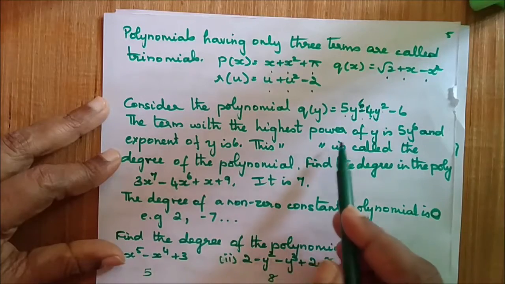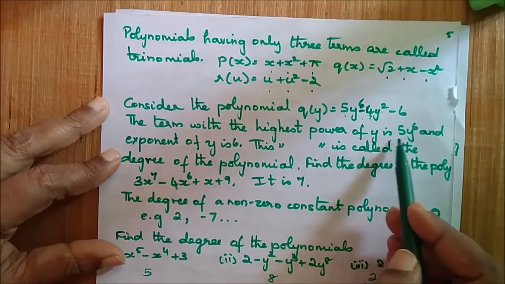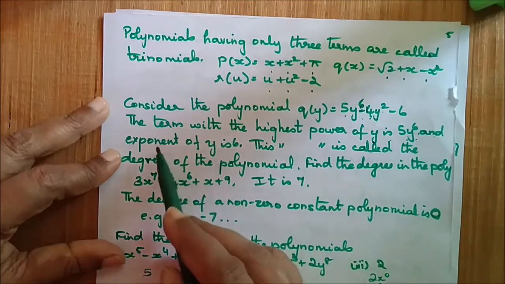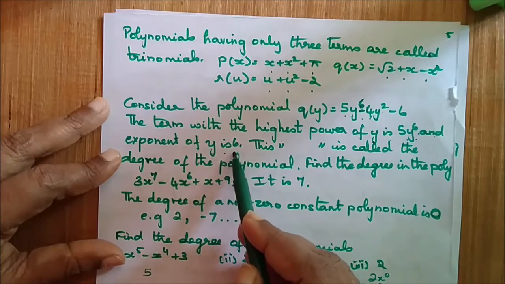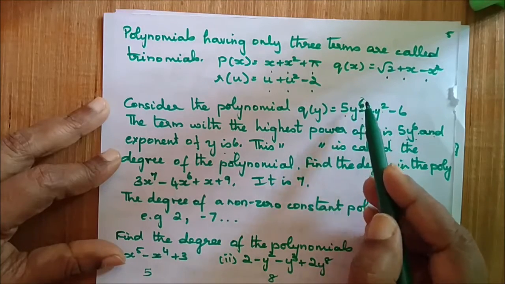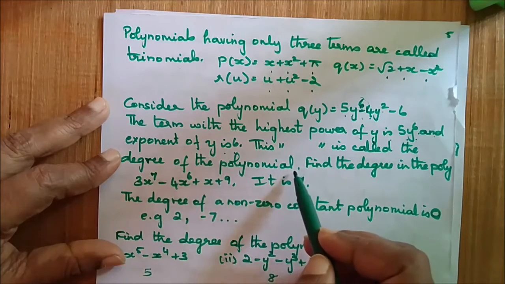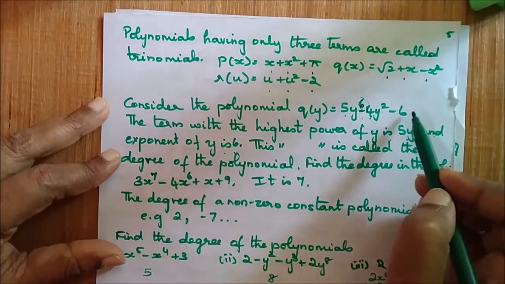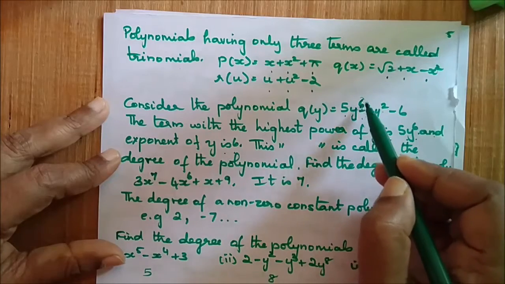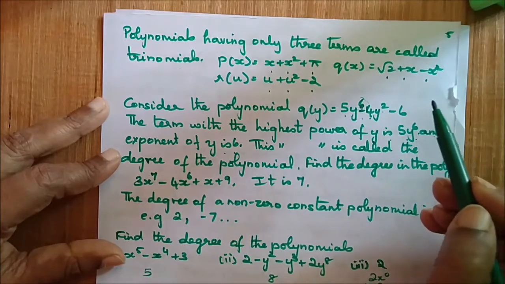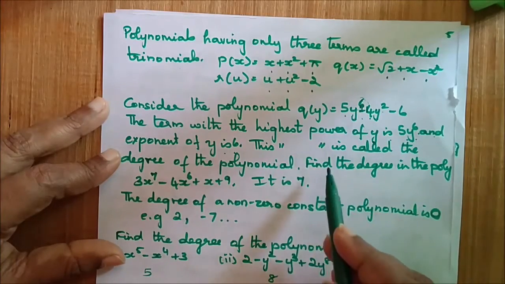The term with the highest power of y is 5y to the power 6, and the exponent of y is 6. 6 is the highest power here. So this highest power is called the degree of the polynomial. If you are given a polynomial, see the highest power. Here 6 is the highest power. So this is called the degree of the polynomial.